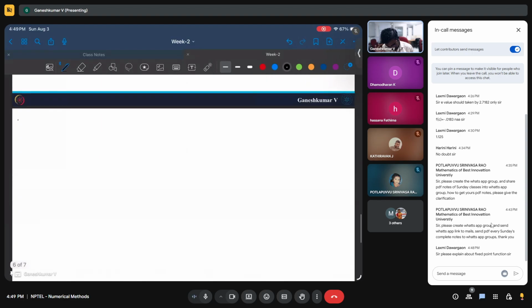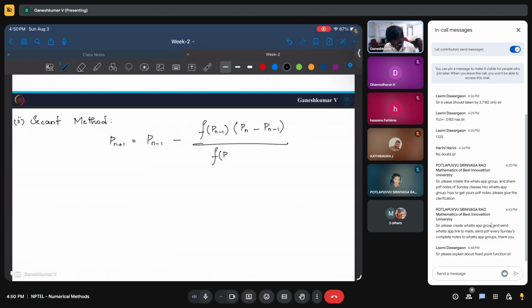Now the second method is the secant method. The secant method is again straightforward. We already know the function values, and we already know the iterative function we should use. It's p_{n+1} equals p_n minus f of p_n times p_n minus p_{n-1}, divided by f of p_n minus f of p_{n-1}.